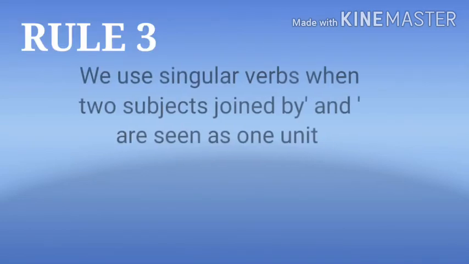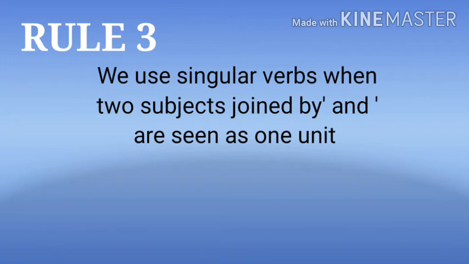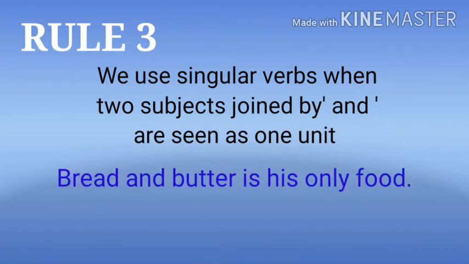Rule 3 says we use singular verbs when two subjects joined by and are seen as one unit. Here, the whole thing is that you have to consider the sentence as one idea in the mind. Just look at the example. Bread and butter is his only food.